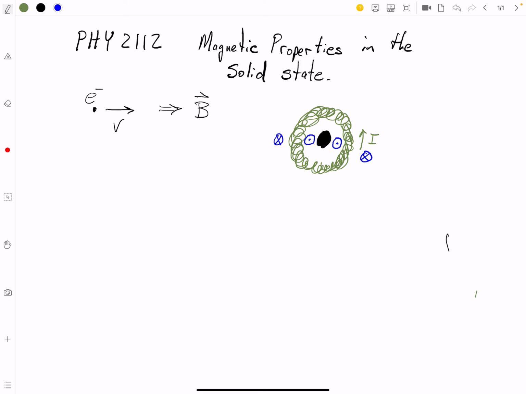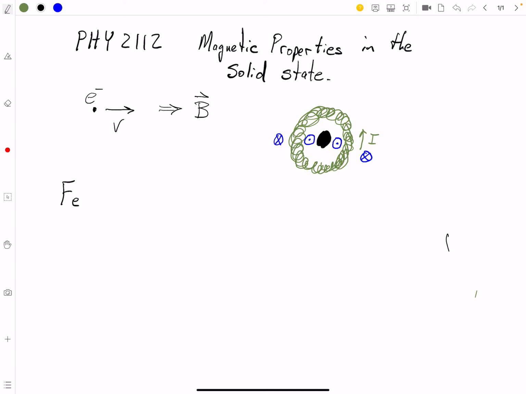So all of those atoms combine, and they add up to one big, large magnet. We call them a permanent magnet. We're talking about, let's just use iron, okay?